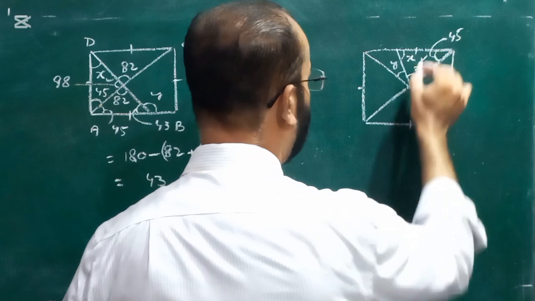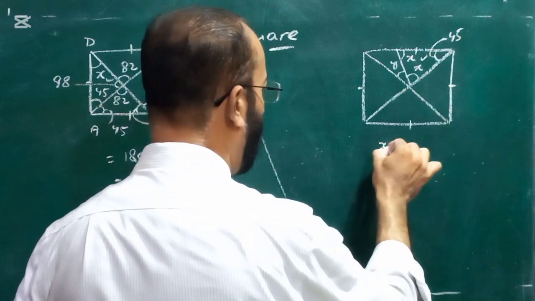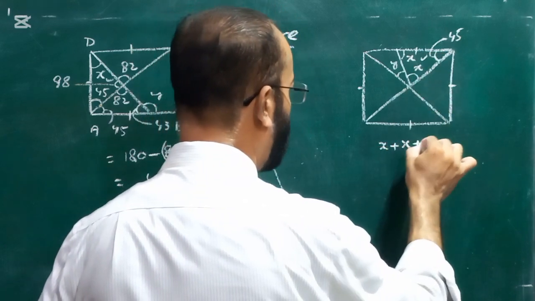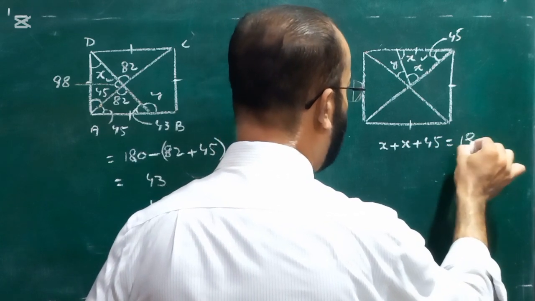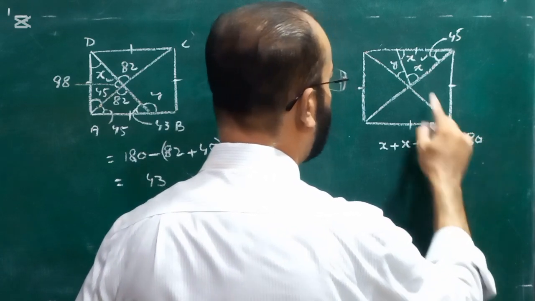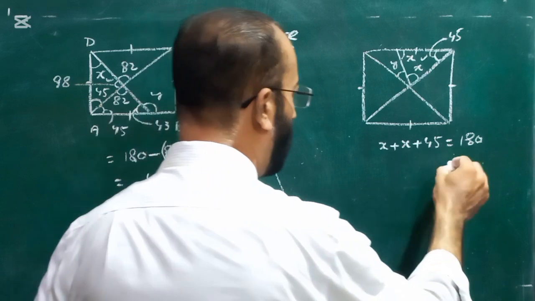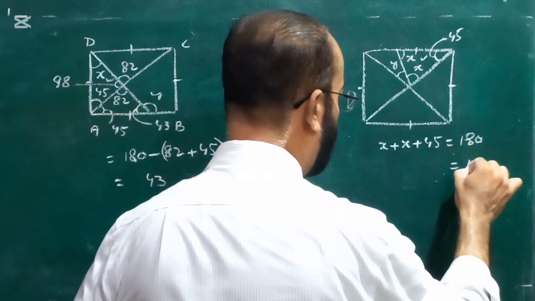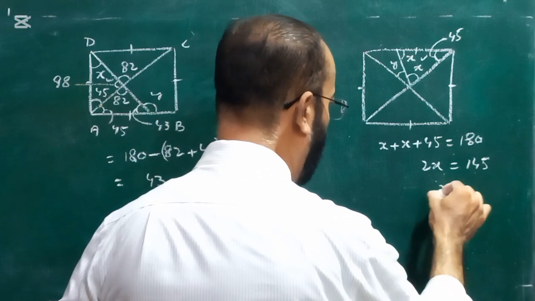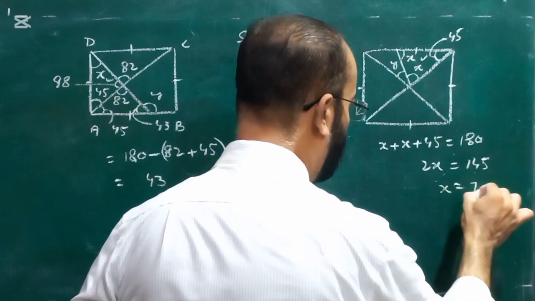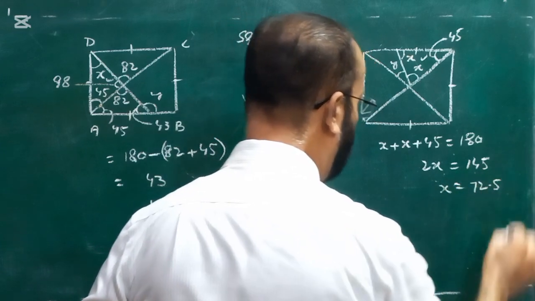In this triangle, x plus 45 plus x is equal to 180 degrees, because the sum of the angles of a triangle is 180 degrees. 45 will be subtracted from this, so 135 will be equal to 2x, and x will be equal to 67.5.